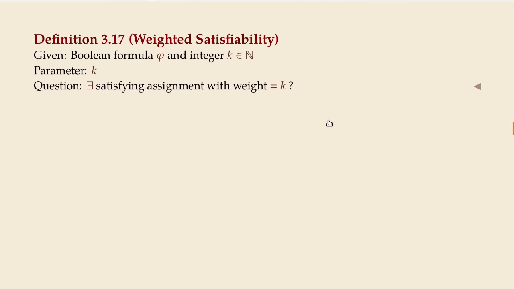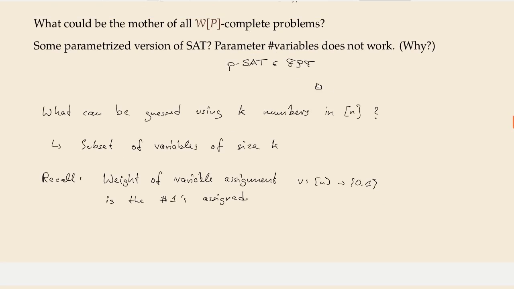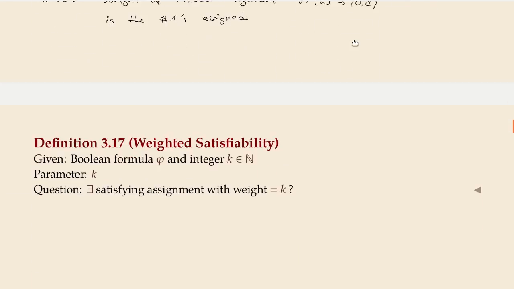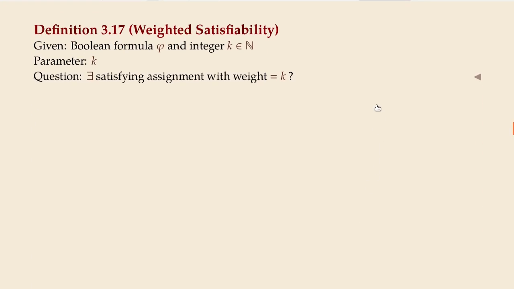Because we will now look at the weighted satisfiability problem. It's not very intuitive. I hope that this idea that you can, in exactly this way that we defined WP, guess k such numbers, might motivate why this is related, but still the problem is a bit unintuitive.